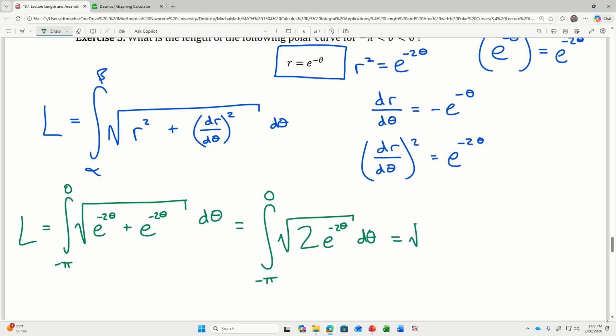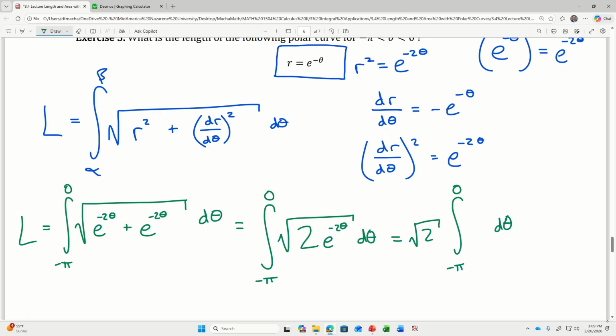And that's going to be the square root of 2 times the integral from negative pi to 0 of what? How do I simplify that? E to the negative theta. Awesome. Yep.